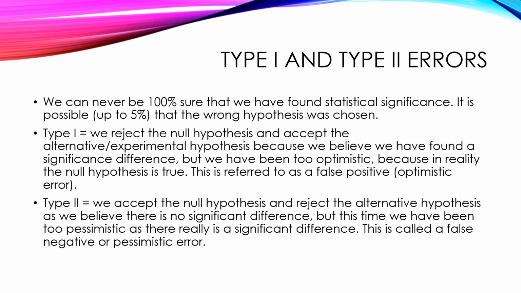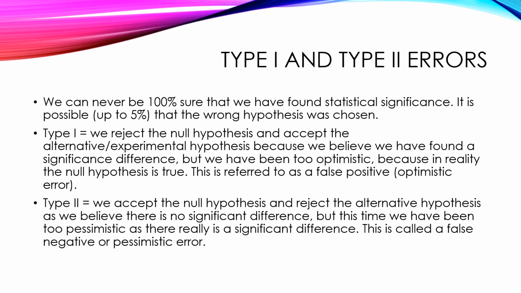I've got a direction that participants who drink coffee will talk more, and I accept that, and I've got rid of my null hypothesis. But actually what I've done is just been too optimistic, because in reality that null hypothesis is actually true, even though I believe I found statistical significance. So you've been falsely positive, you've been too optimistic, and that is known as a type 1 error.